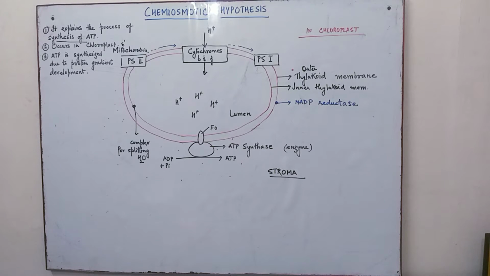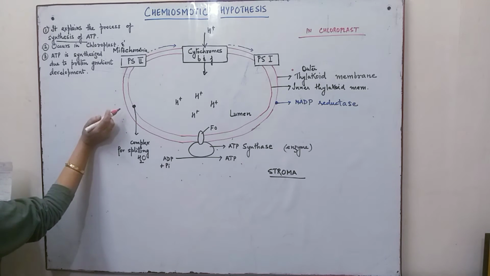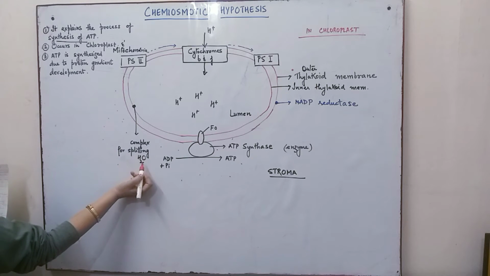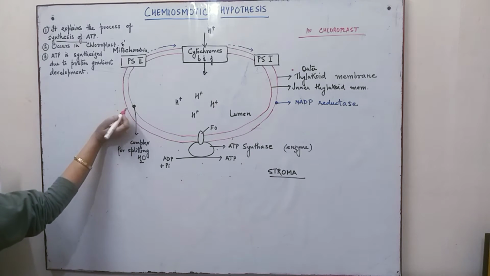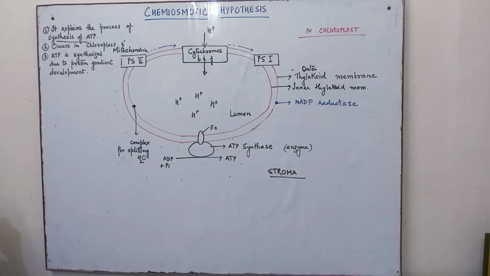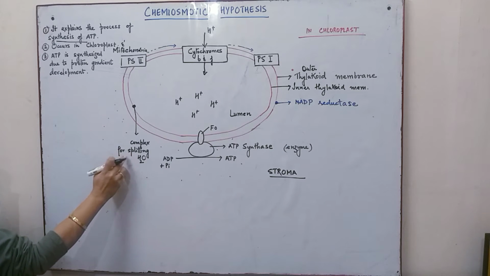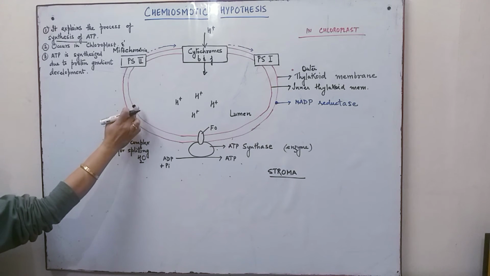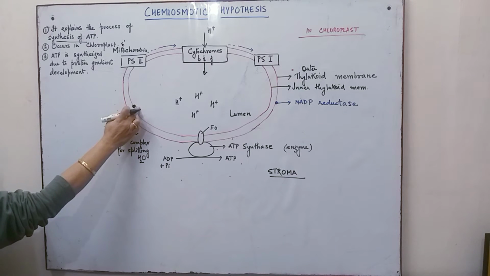Now coming to the explanation part, there is a complex for splitting H2O, that is the water molecule, or photolysis. This complex is present on the inner side of the thylakoid membrane.